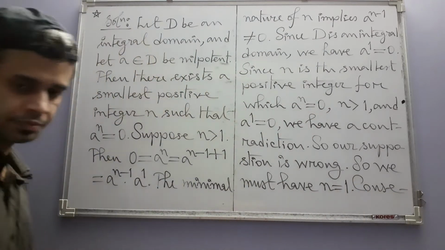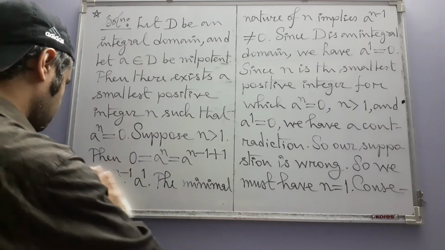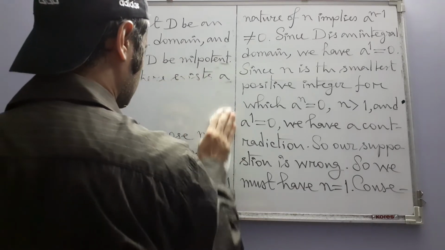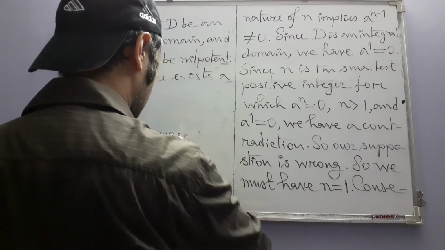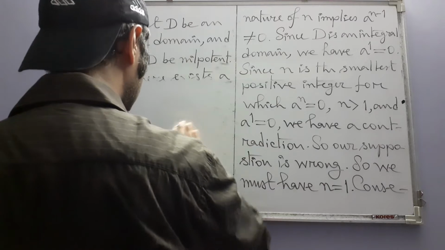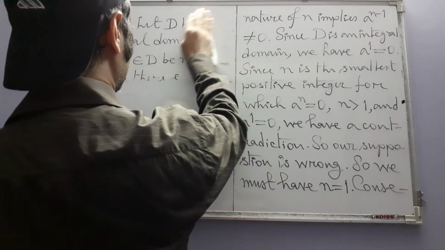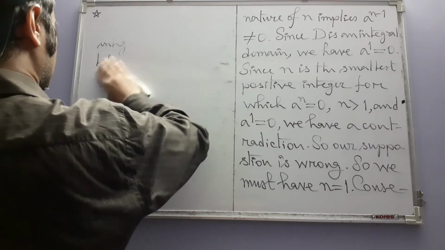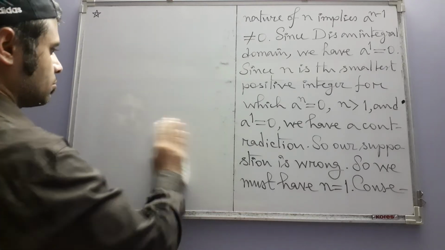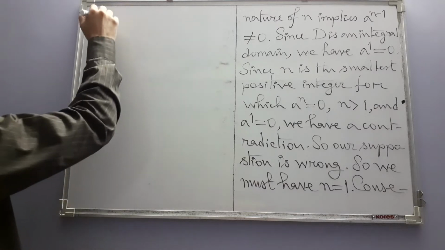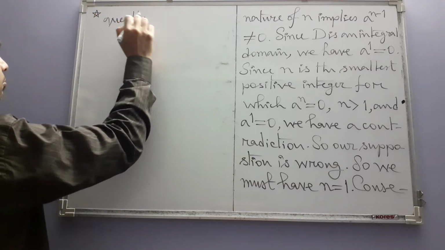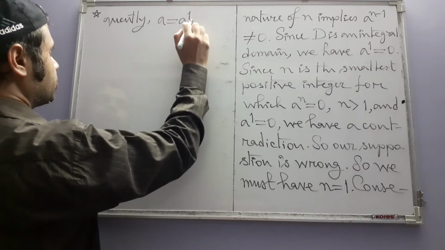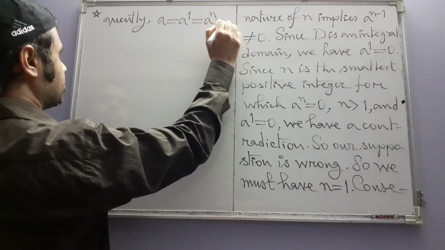And consequently, a equals a to the power 1, which is equal to a to the power n, is equal to 0.